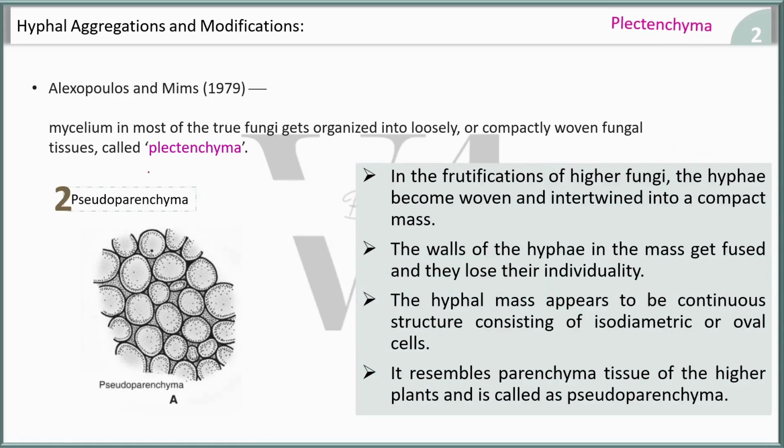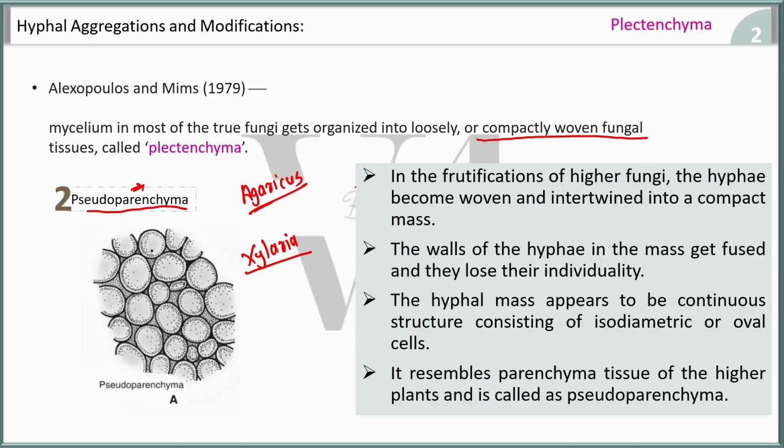Next is the second type of Plectenchyma, that is Pseudoparenchyma. Pseudoparenchyma is made up of compactly woven fungal tissue, and the fructifications of higher fungi, for example mushroom, Agaricus, and you can also take the example of Xylaria, dead man's finger, are made up of pseudoparenchyma.